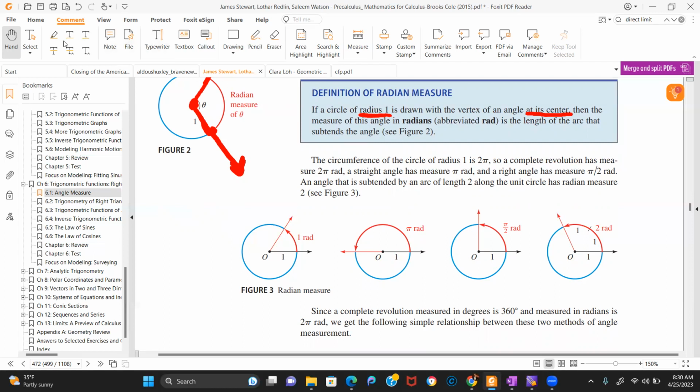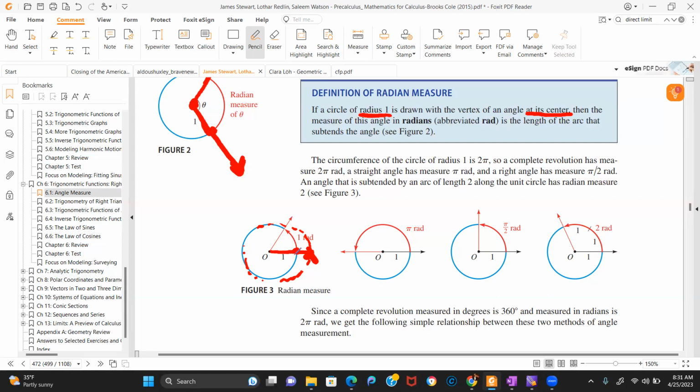So you can imagine you start right here, so you fix some point. This will be the initial side of your angle, and then you just rotate this out all the way to here. So now by definition, when you look at the arc length that you just drew out, that's going to be 2 pi.